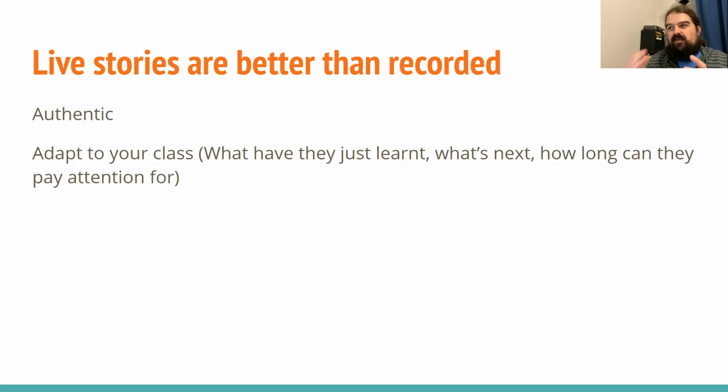They're just kind of roughly what you wanted to say. If you show a pre-recorded video, it's not going to be related to where they've just learned, what's next, how long they can pay attention for, the terminology you used for things that are referenced, the terminology you want to use for this topic. If you can just tell the story, you can tune all that stuff and tailor it to fit your class.